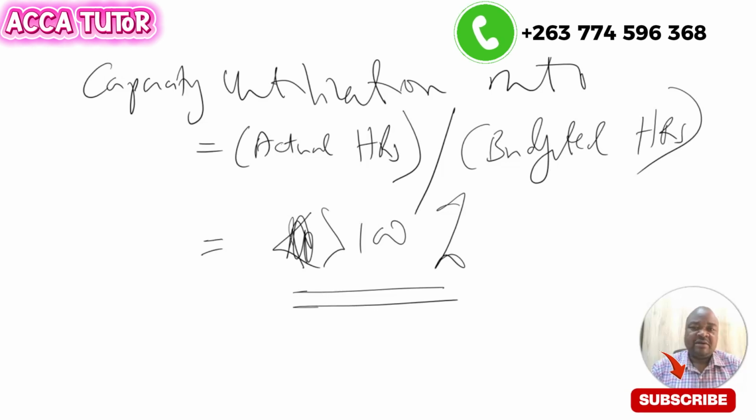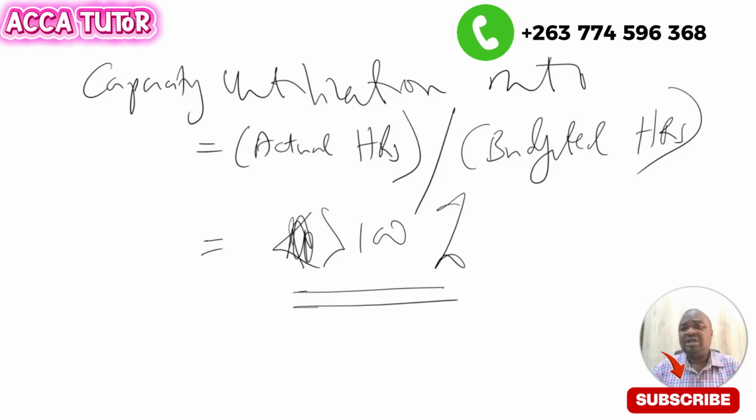That's the idea. However, the context matters. Sometimes we want to ensure that maximum capacity has been utilized and so forth. Sometimes we need to ensure that even the overtime work hours are going to be utilized.